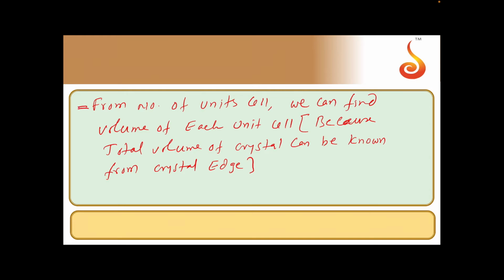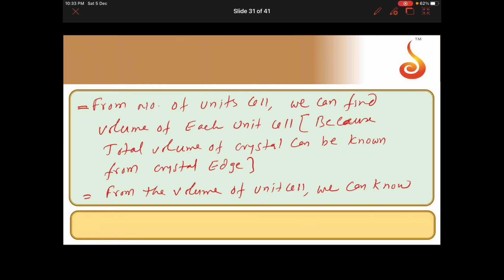From the volume of the unit cell, we can know the radius. Now this is a way to solve. These are the steps which you are following to solve the problem.